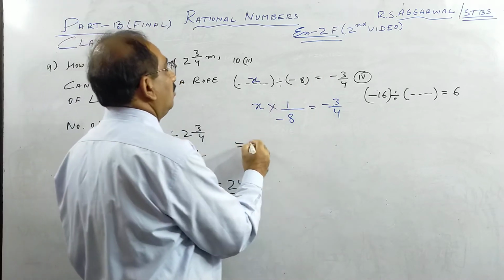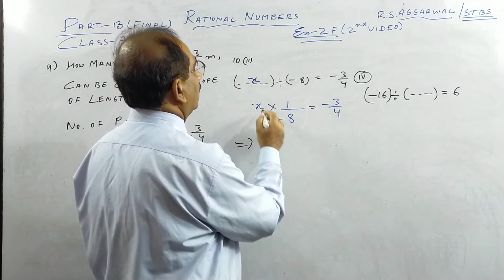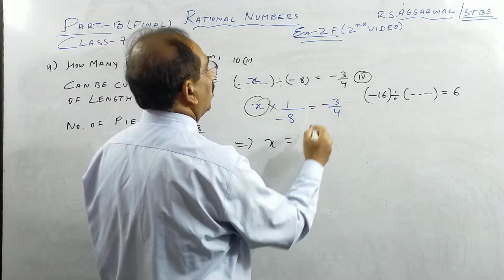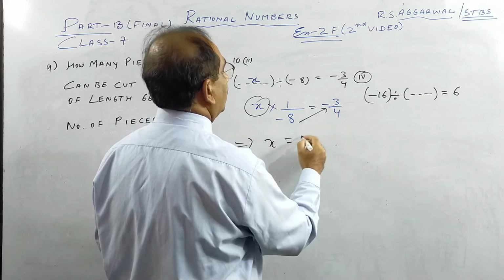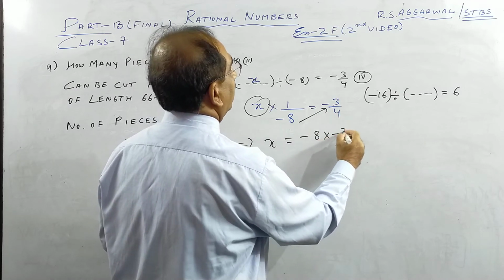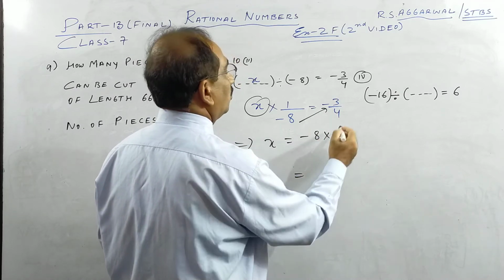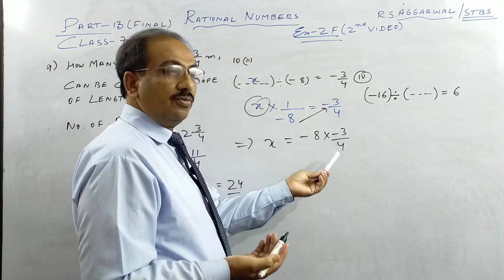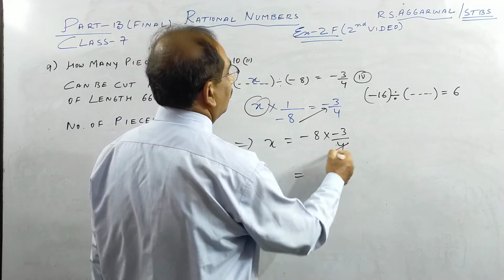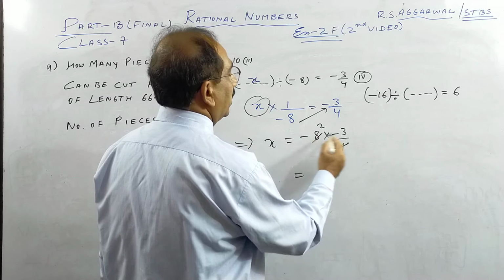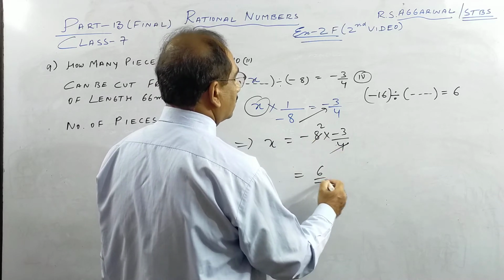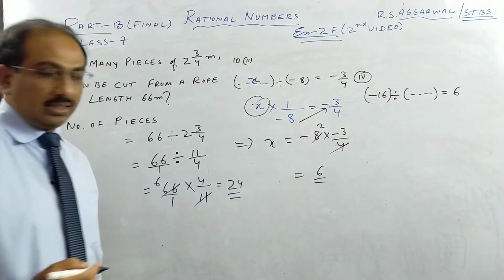Let us solve. Minus 8 goes to that side, it will go into minus 3 by 4. The product of 2 negative numbers is positive, 4 2's are 8. So negative negative is positive, you will get 6.